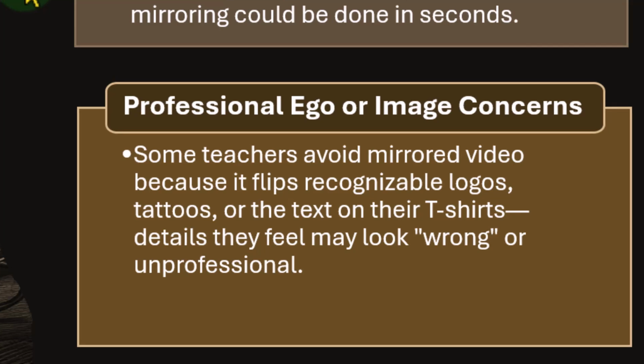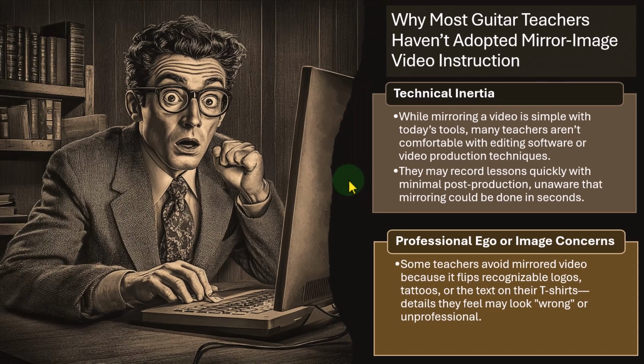Professional ego or image concerns. Some teachers avoid mirroring videos because it flips recognizable logos, tattoos, or the text of a T-shirt. So obviously when we're on platforms, trying to get attention, you might clearly be trying to do things in order to build a brand, and to flip the guitar around and make it look like you're left-handed when you're not could lead people to think, well, he's left-handed, or he thinks he's doing something weird, or the logo on the shirt is not right.